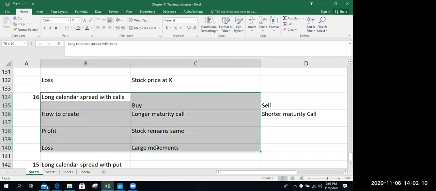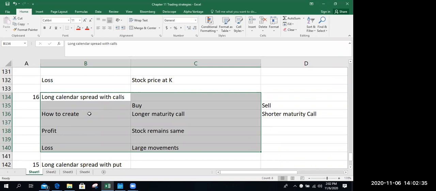Now, calendar spreads we'll discuss more when we discuss option Greeks, because calendar spreads are profitable because of a concept called an option Greek. Time doesn't impact options in the same way. Options that have longer maturity have more time in them, while options which have shorter maturity have less time in them. So we'll do this strategy again when we are doing option Greeks.